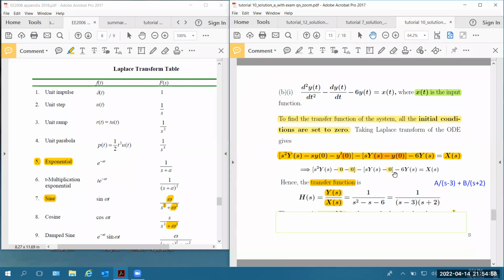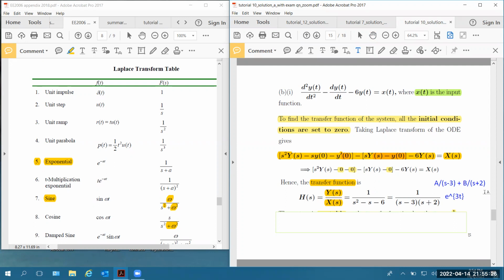What we are more interested in is that 1 over s minus 3 gives us e to the power of 3t. Can you all see that? It's from this exponential here, because here your a is minus 3, so you get e to the power of minus 3t, that means e to the power 3t.